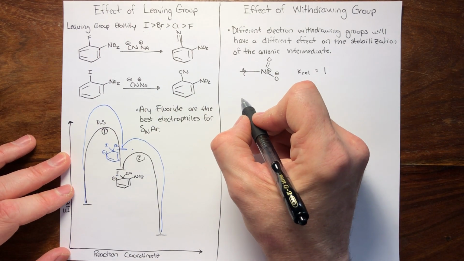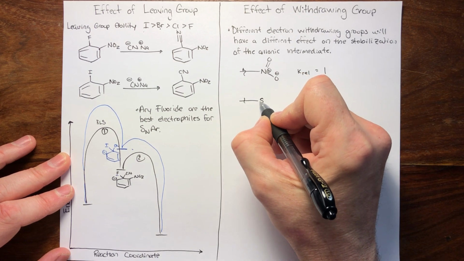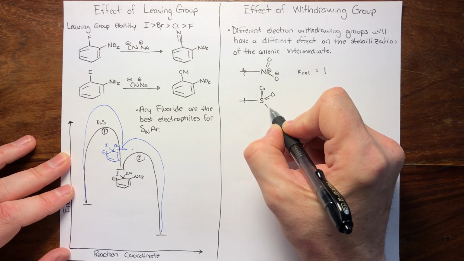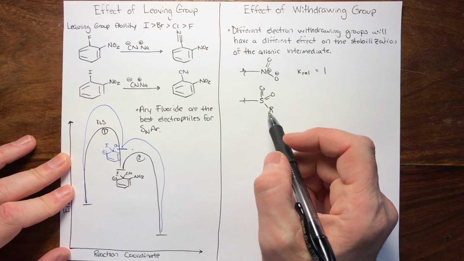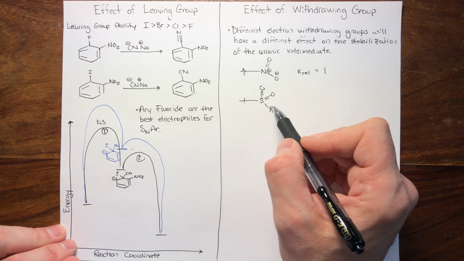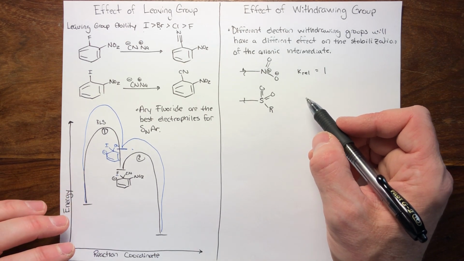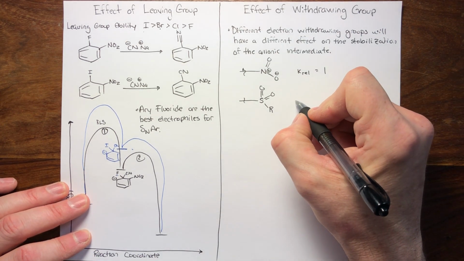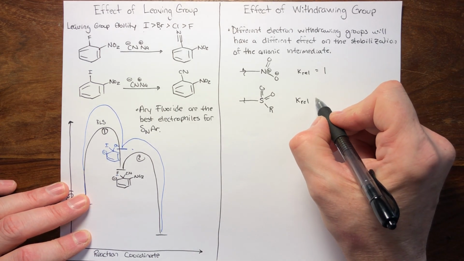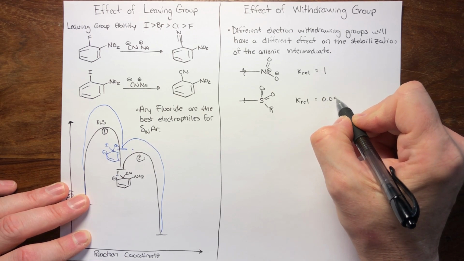Well, hopefully one of the electron withdrawing groups that you just drew out is a sulfonyl group. We're going to just show this being R. R can be alkyl. It could also be heteroaromatic. We learned how to make sulfonic acids whenever we went over electrophilic aromatic substitution. In this case, the relative rate constant for a sulfonyl group is going to be 0.056.